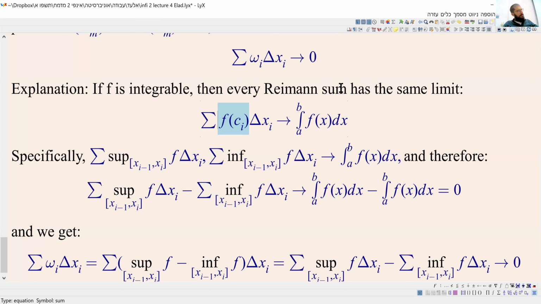We can get as close as we want to the supremum and the infimum, with epsilon and so on. But saying that there are points Ci which we plug into f and we get sup and inf is not always mathematically correct. In order to prove this direction, not just explain it, one has to overcome this gap. How do we mathematically connect f of Ci on one hand and sup and inf of f on the other hand?